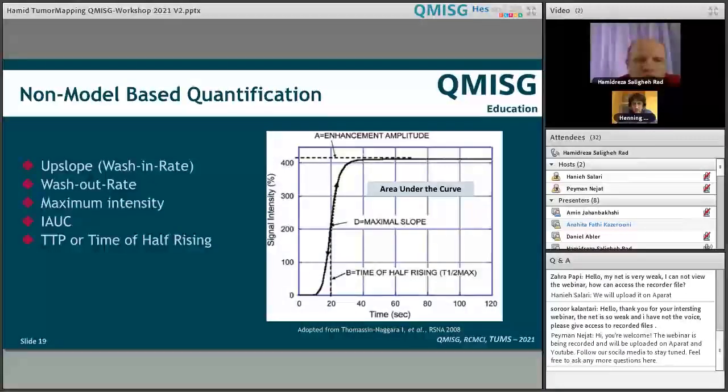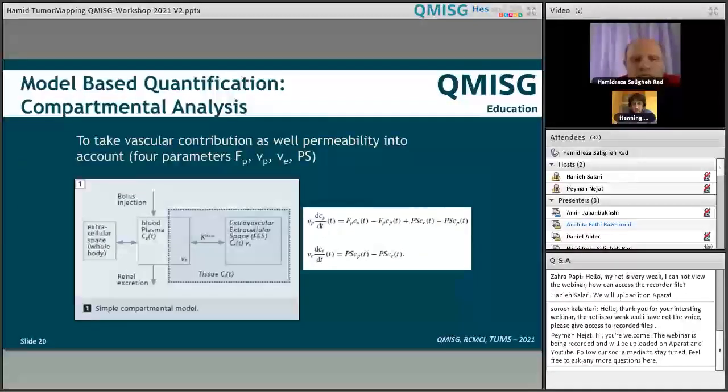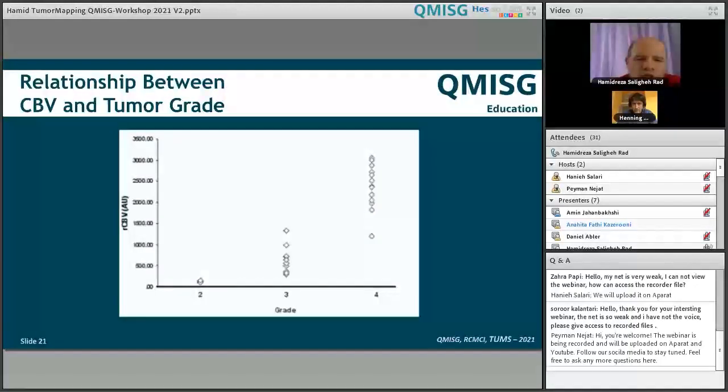The non-model-based quantification is easier, of course, not as accurate, but when we solve the pharmacokinetic model in the appropriate way, which is not a very straightforward thing to do, as Dr. Fatty mentioned, AIF selection, appropriate AIF selection, and solving this inverse problem in the presence of lots of noise, artifacts and motion are major challenges.